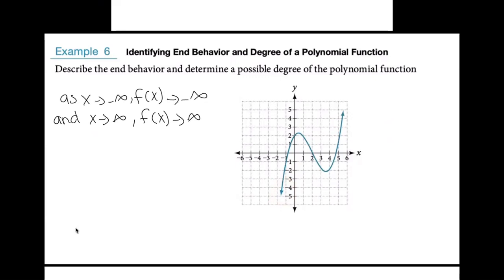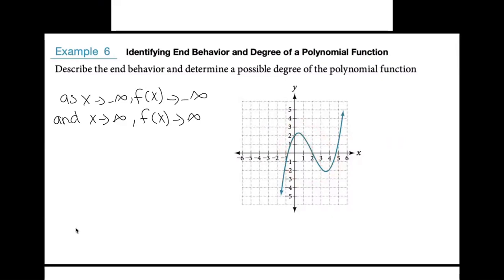Now, this type of behavior is that of an odd function. So the degree of this has to be some odd number. We don't know what this odd degree might be yet, but we will later, depending on how many turns a function has, how many x-intercepts, and so on, you can come up with a degree.